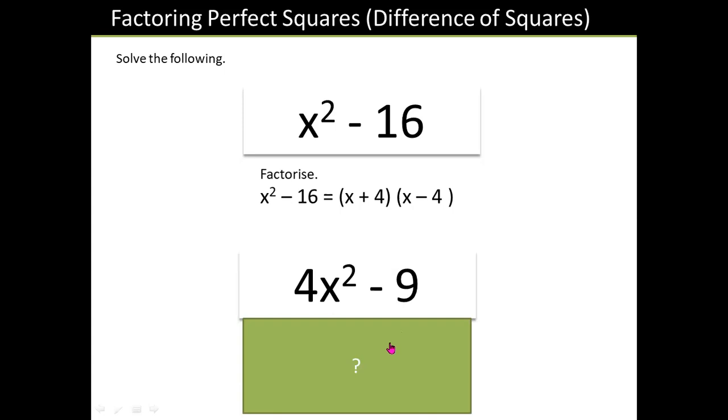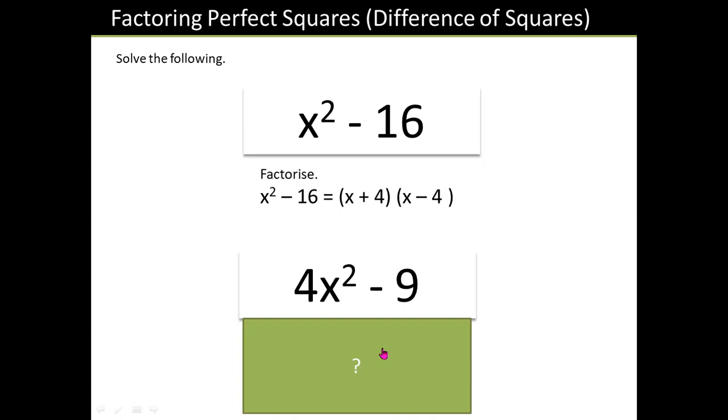All right, online. Kaimuk, what are the factors of 4x squared minus 9? Yes, please unmute. What are the factors? 2x, plus and again, minus.